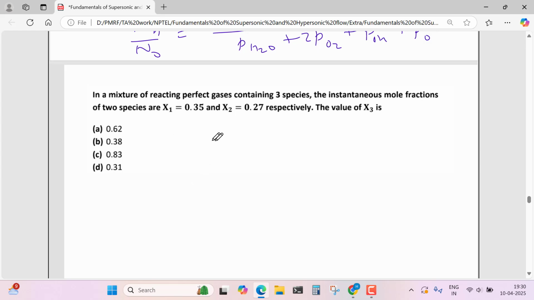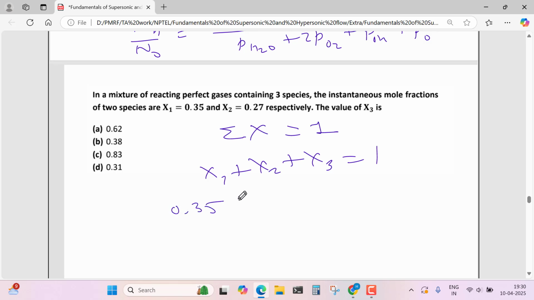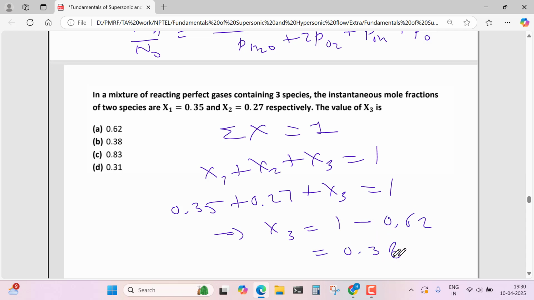One thing to know is that the sum of all mole fractions is always equal to 1. So x1 plus x2 plus x3 is equal to 1. x1 is 0.35, x2 is 0.27, and x3 we have to find. So x3 will be equal to 1 minus the sum of these two, 0.62, which equals 0.38.